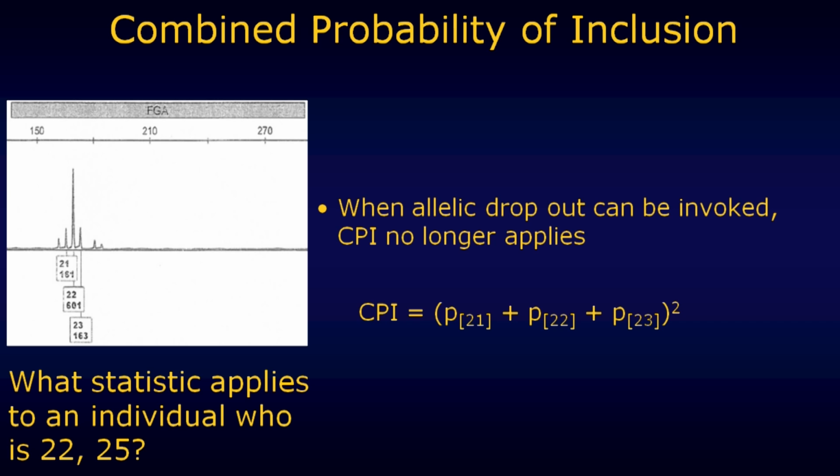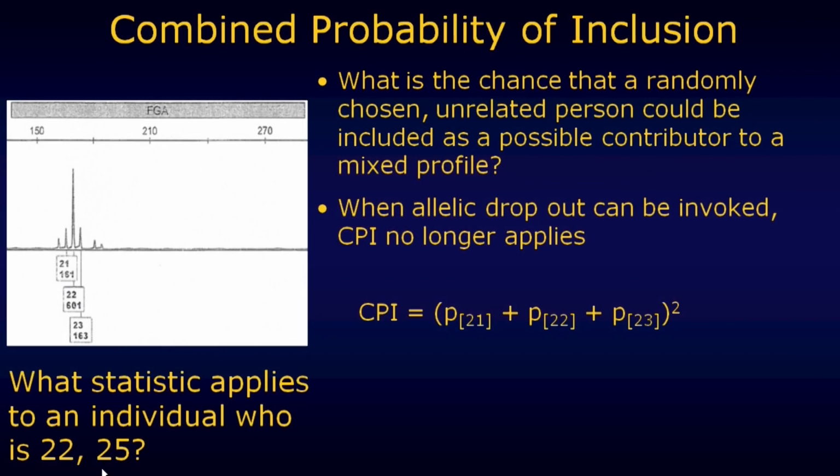And if you remember from what you may have heard from my talking about single source samples, there is no need to attach a statistical weight to an exclusion. Exclusions are absolute, right? There's no need to say they're pretty well excluded. They're just plain old excluded. Exclusions are absolute.